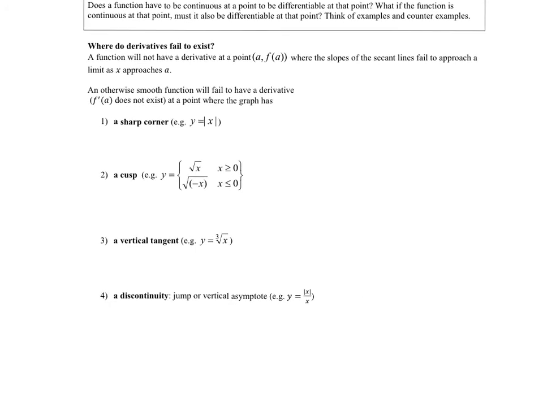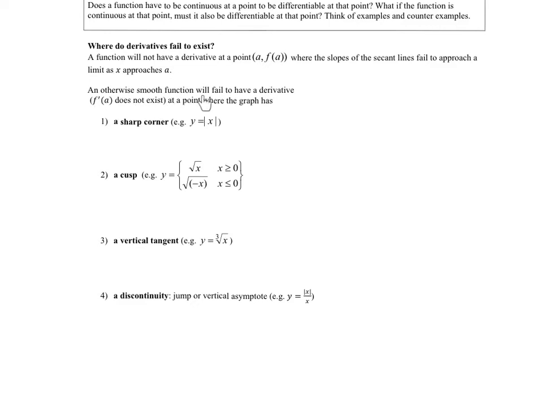Okay, we noticed in this example that we saw a sharp change in slope, not a continuous, smooth change in slope. So let's read this and talk about some of the differences. A function will not have a derivative at a comma f of a where the slopes of the secant lines fail to approach a limit as x approaches a. I was talking about continuity of derivatives earlier. That's exactly what that's talking about.